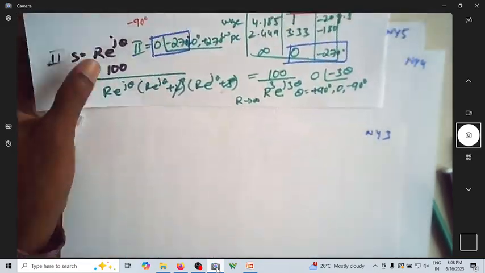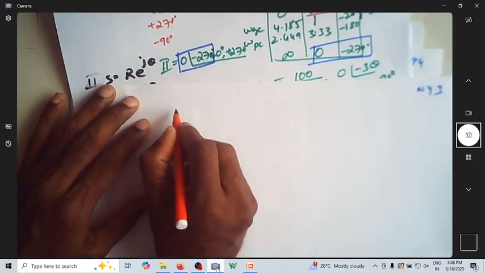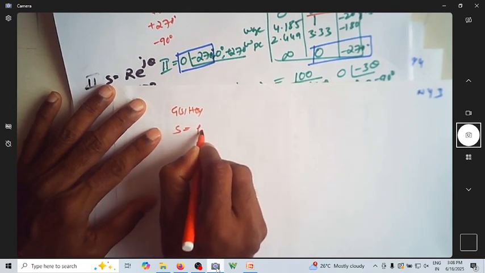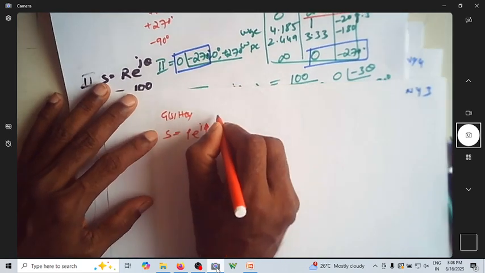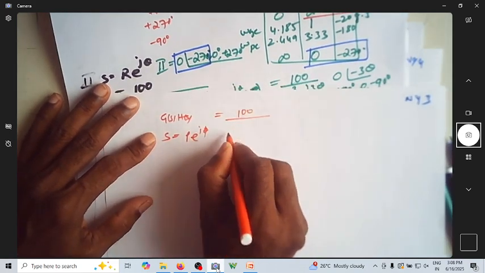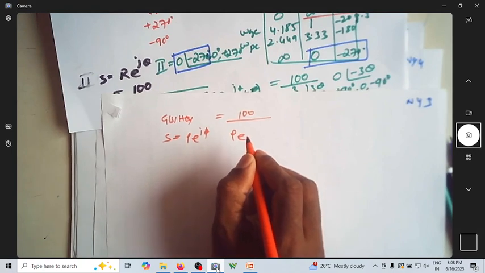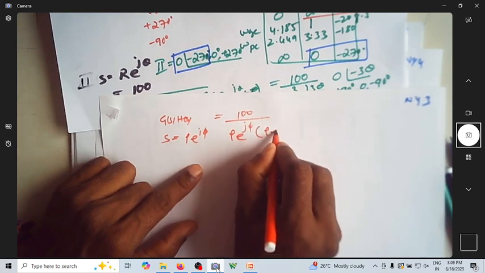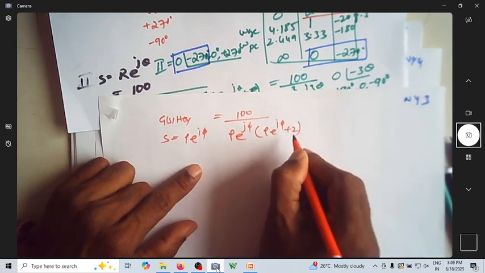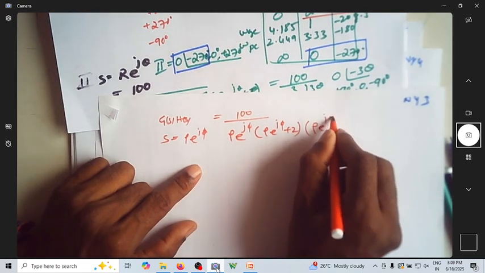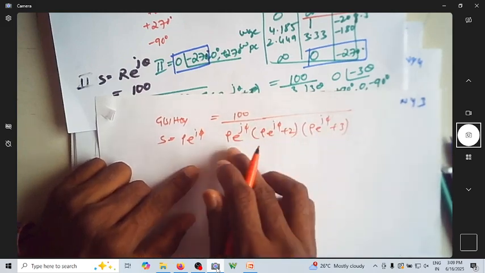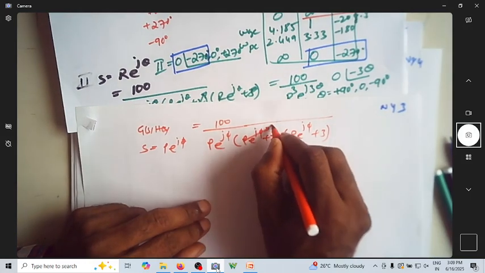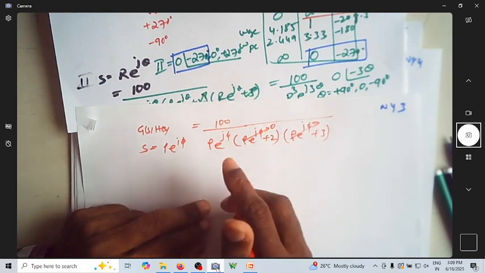For the fourth segment, let us write what is g of s into h of s, where s is replaced by rho e power j phi. So it is now 100 divided by rho e power j phi, rho e power j phi plus 2, rho e power j phi plus 3. If you substitute these things and then apply the limit of rho tending to 0, this is 0, this is 0, this you can neglect.